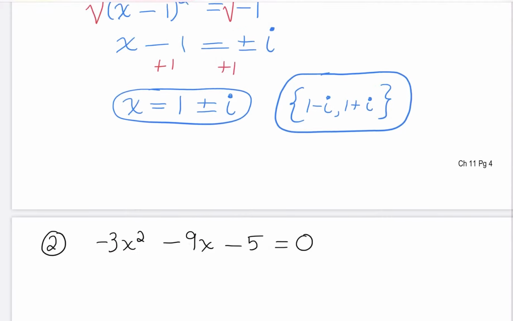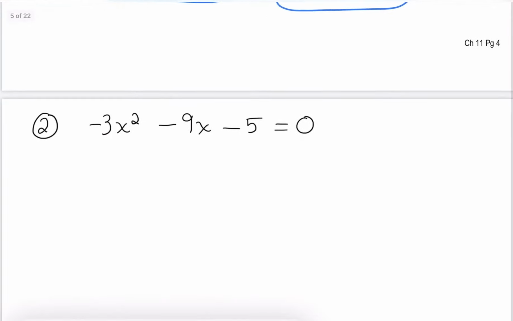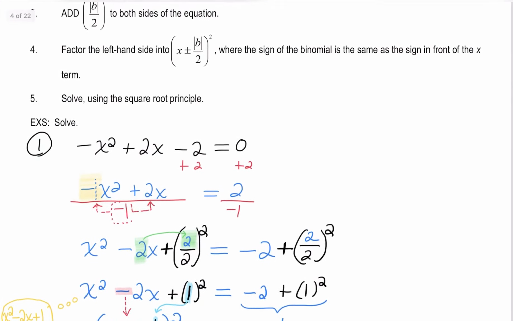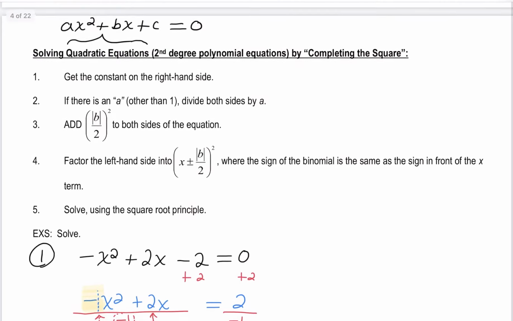All right, step 1, we want to get the constant term on the other side. So we are going to add 5 to both sides. So now we're going to have our negative 3x squared minus 9x equals 5. Remember, your steps are all back here on the last page. So, constant on the right-hand side.